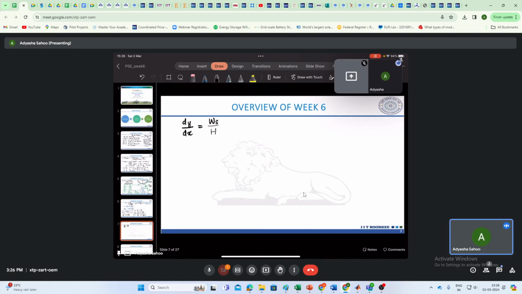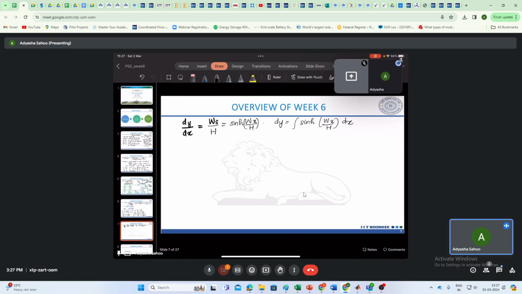Substituting that here, dy by dx is sine hyperbolic wx by h. So you can write dy as sine hyperbolic wx by h dx.